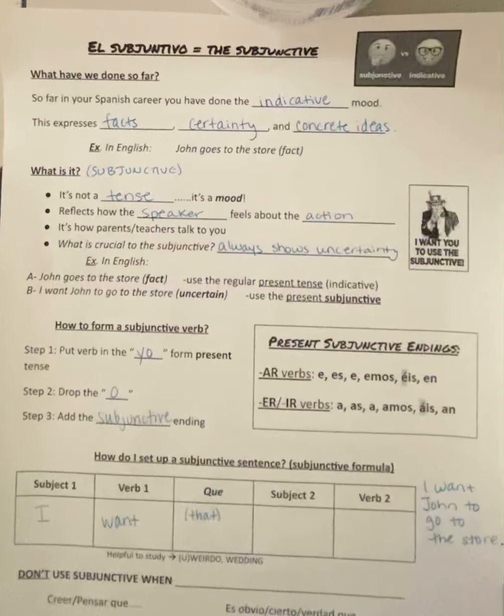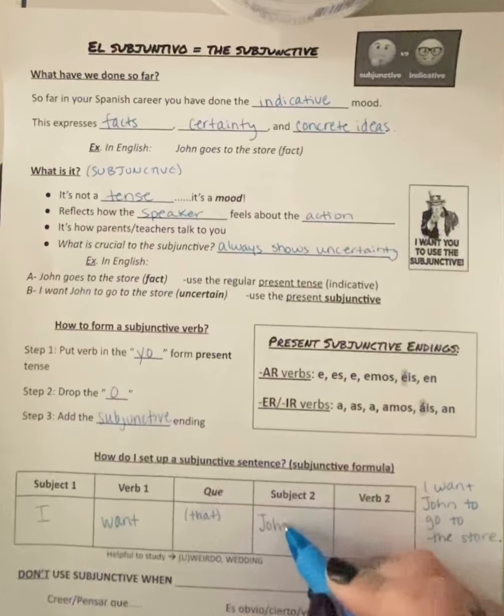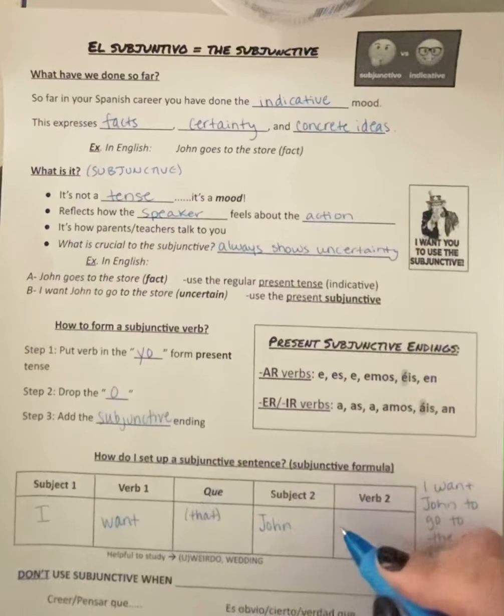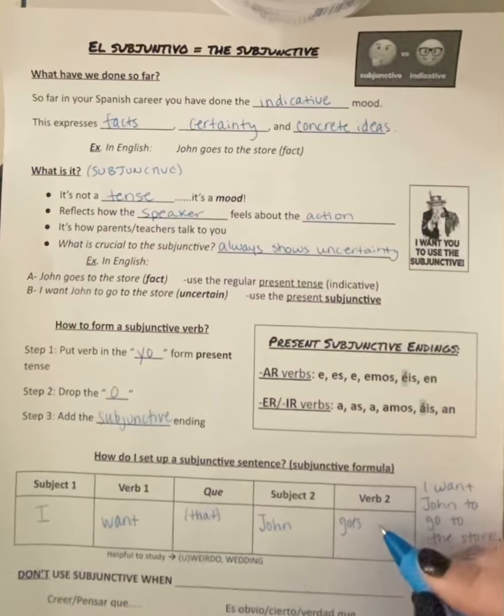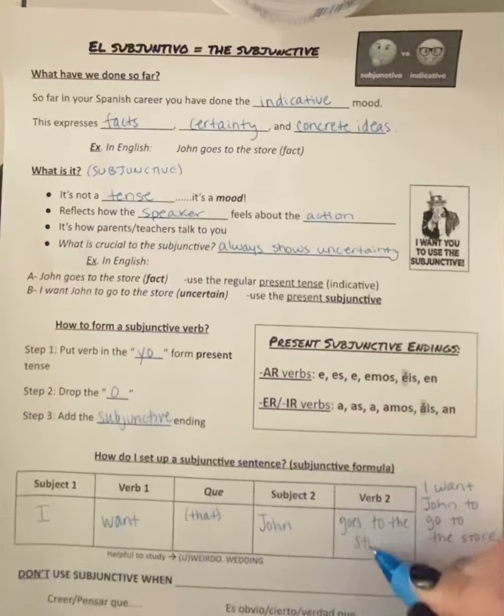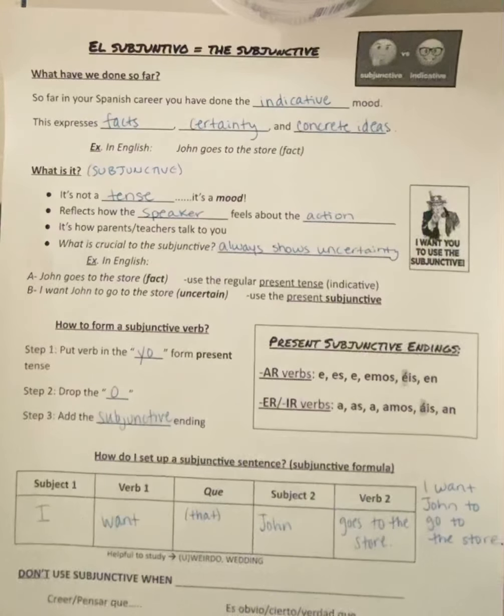Subject two is John. And then the verb that goes with John, what do we want from him? To go to the store. I want that John goes to the store. So we have to word this a little bit differently when we're forming it in Spanish. Goes to the store. Okay.